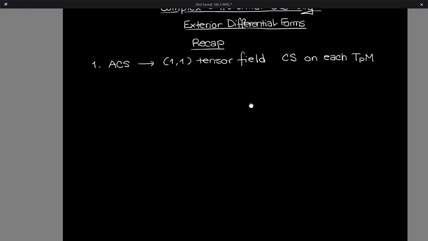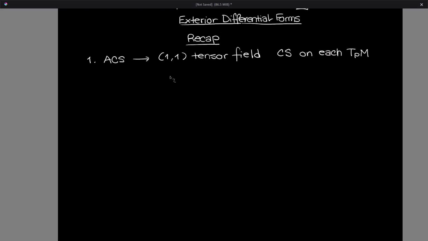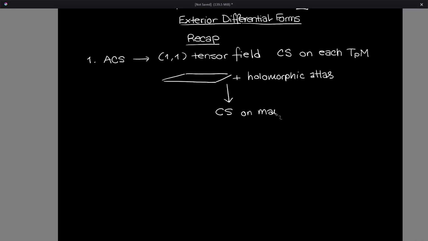And it was the answer to the question, if I have a manifold and I add a holomorphic chart, holomorphic atlas, then I can define something called a complex structure on the manifold, right?